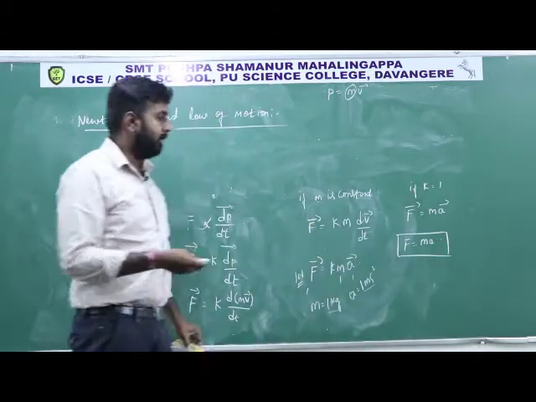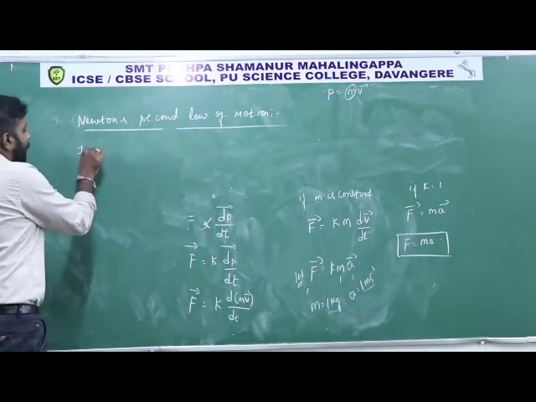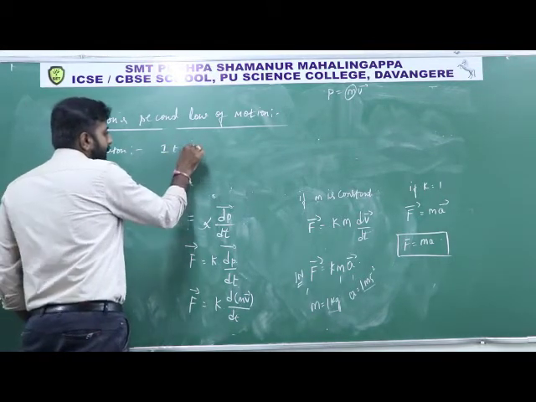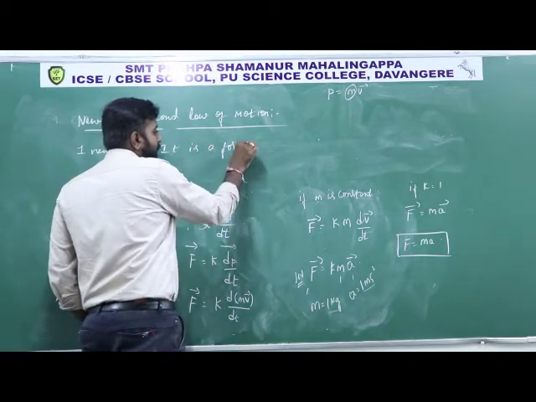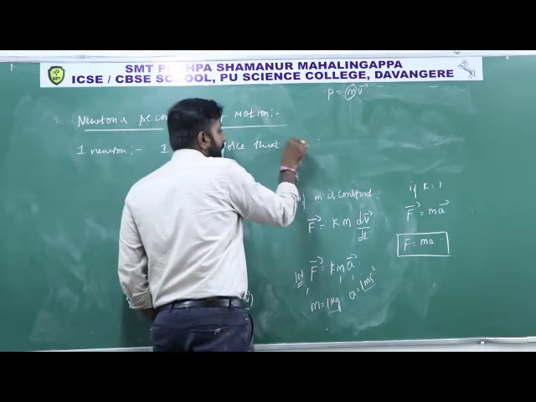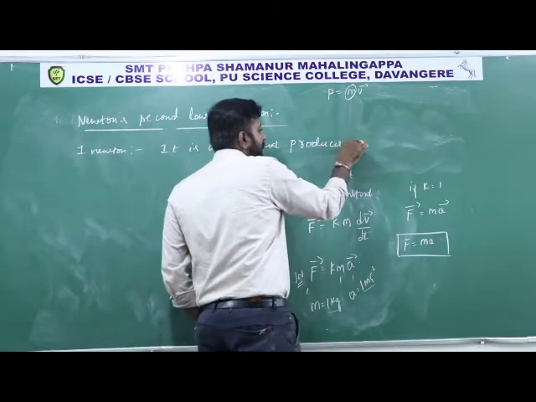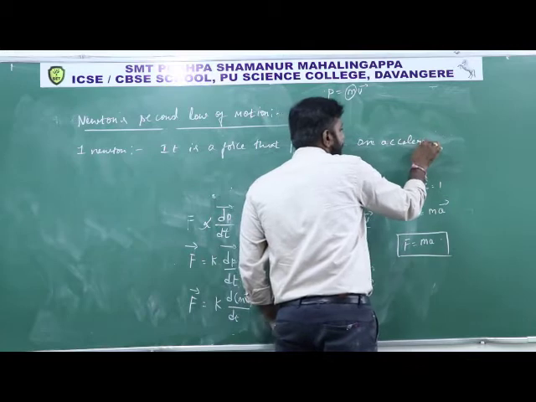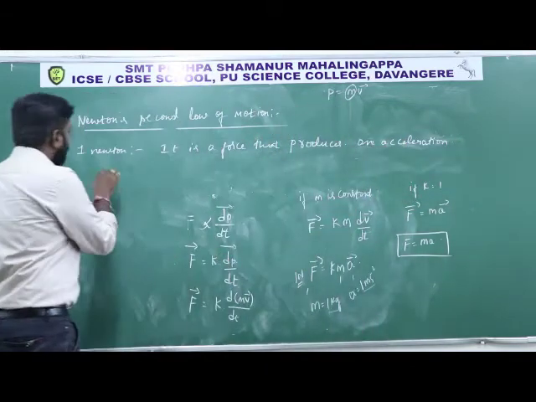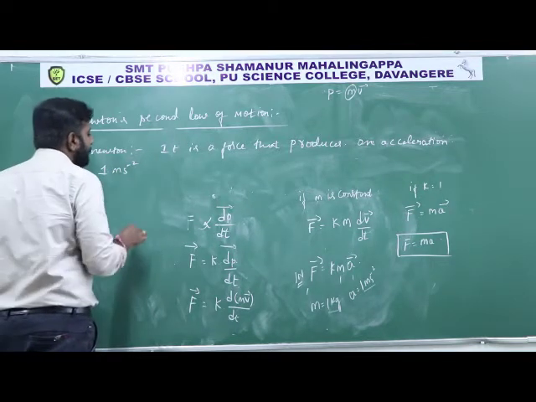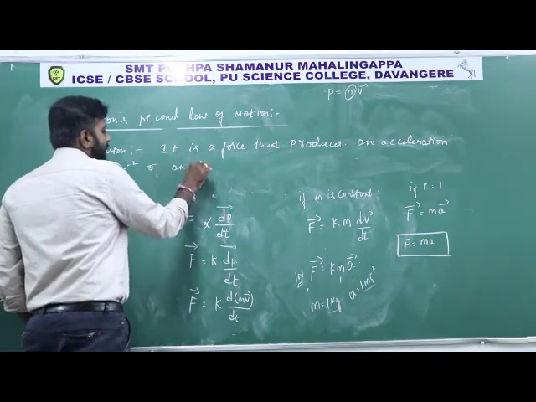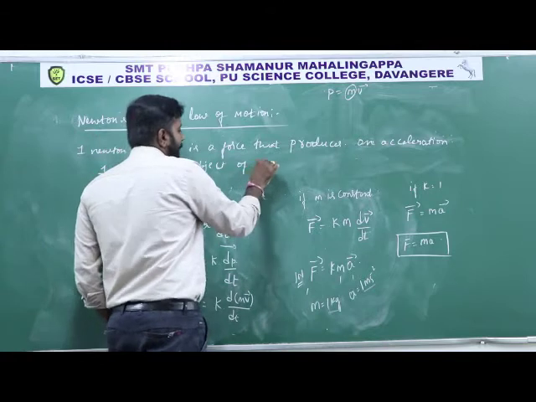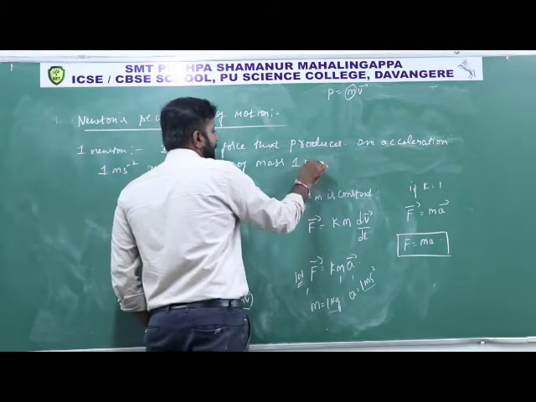How to define the Newton: 1 Newton is the force that produces an acceleration of 1 meter per second square in an object of mass 1 kg.